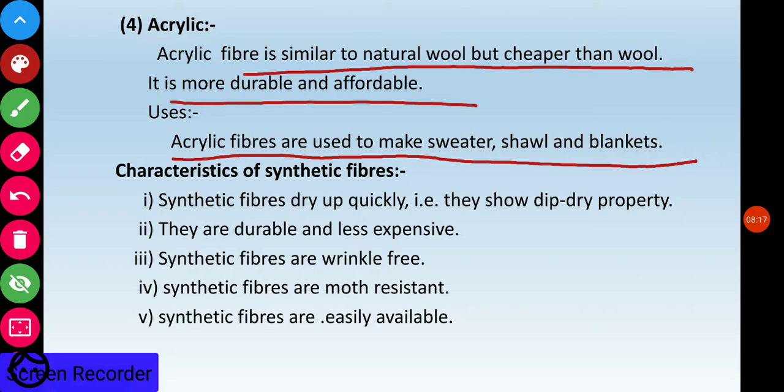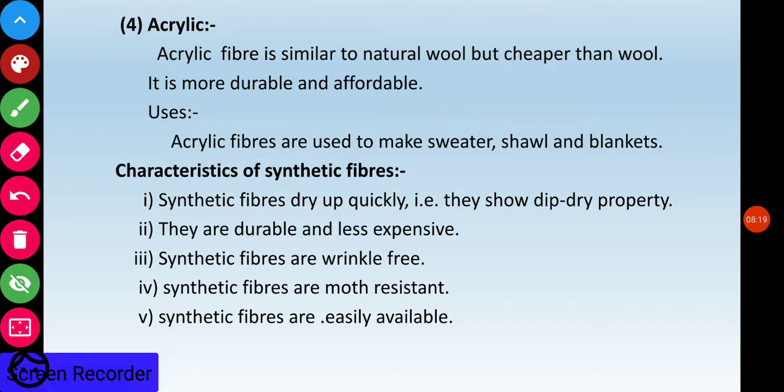Now, characteristics of synthetic fibers. Synthetic fibers dry up quickly, that is, they show drip-dry properties. You must have seen that some clothes dry very quickly. So the clothes which dry very quickly, you can check, are made from synthetic fibers.